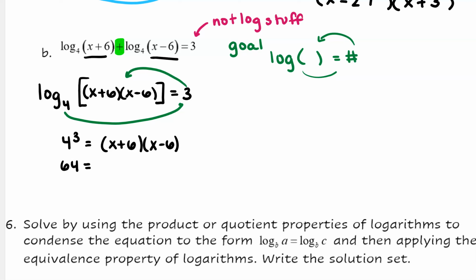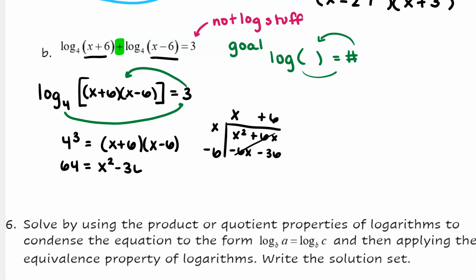Now this is a conjugate pair, x plus 6, x minus 6. So when you FOIL it out, you get x squared plus 6x minus 6x minus 36, and the 6x and minus 6x cancel out. So we just get x squared minus 36.